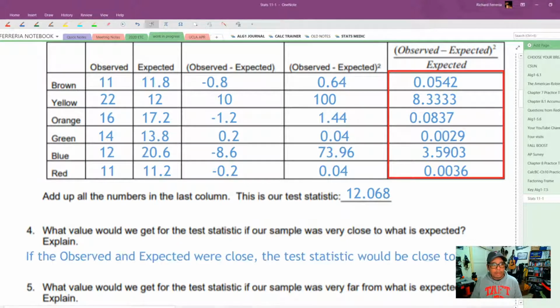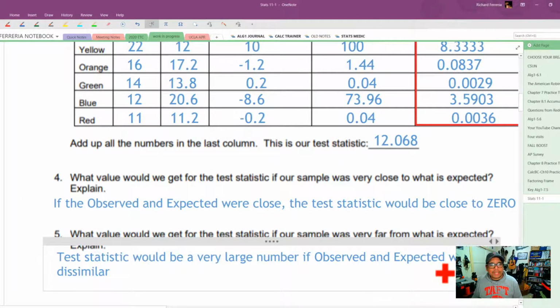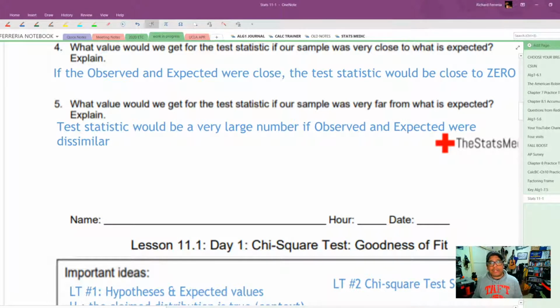So if the observed and expected were close, the test statistic would be close to 0. Conversely, what value would we get if our sample was very far from what was expected? The test statistic would be a very large number if the observed and the expected were dissimilar.